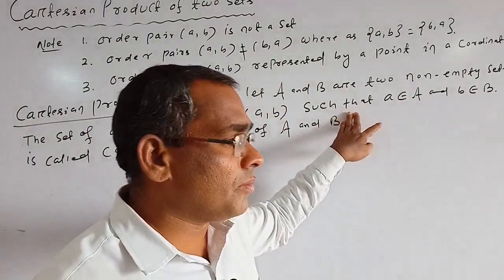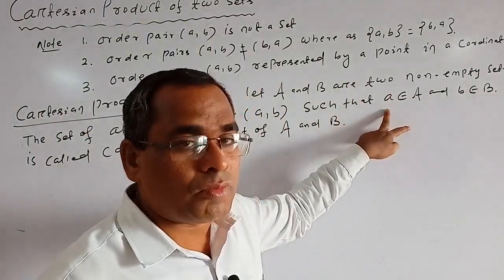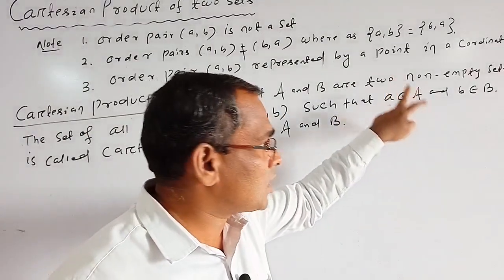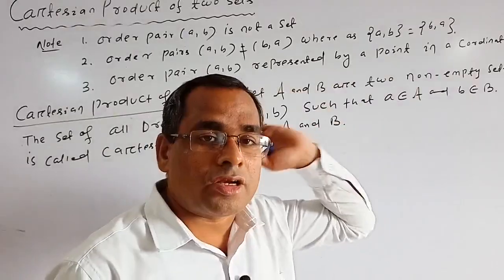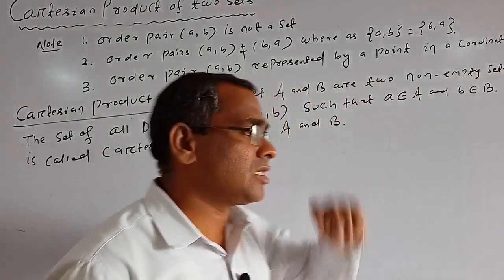like that (a, b), where the first component of the ordered pair belongs to the first set and the second component of the ordered pair belongs to the second set.